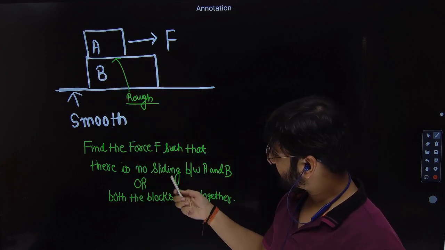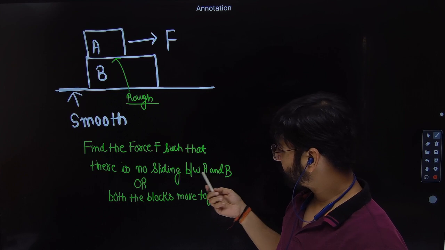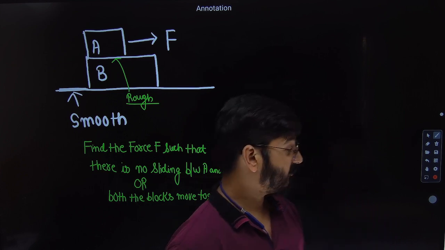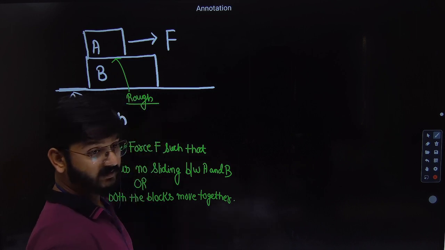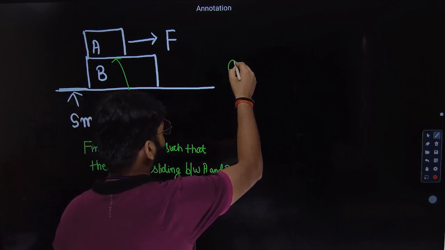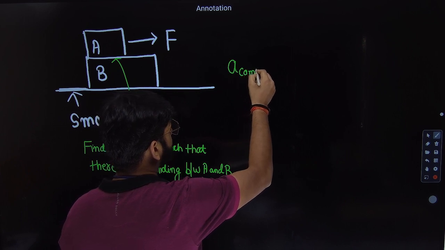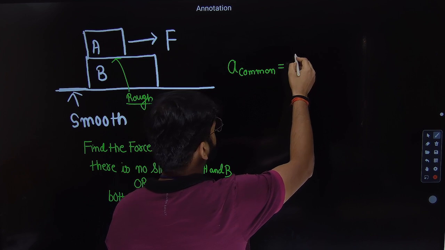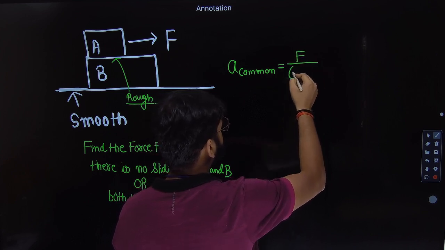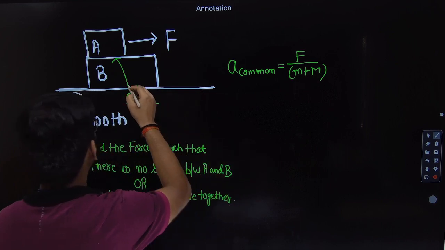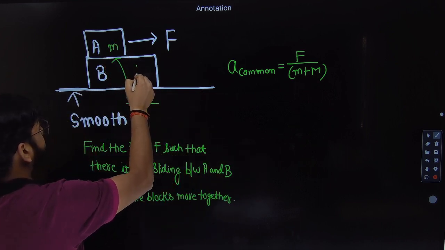This question can be asked in two ways: either there is no sliding or both the blocks move together. If both the blocks move together, will they have common acceleration? Yes. Let's find the common acceleration. Common acceleration will be net force divided by total mass. I'm taking this as small m, this as capital M.